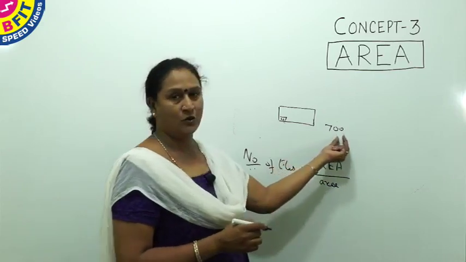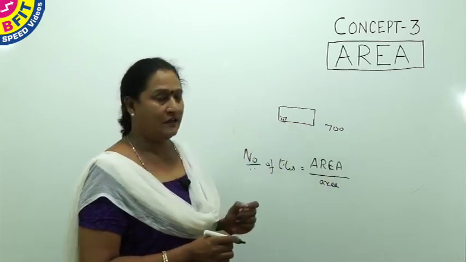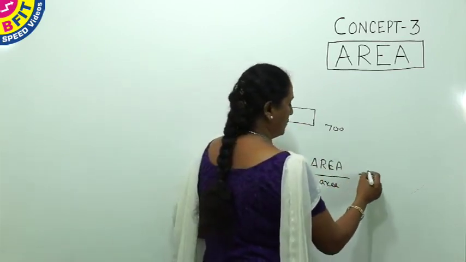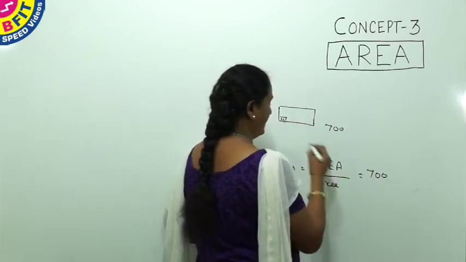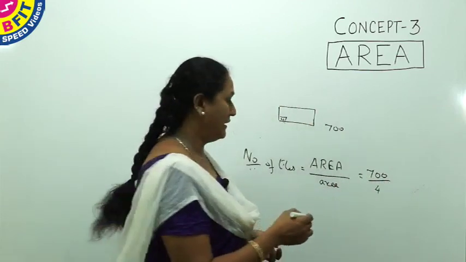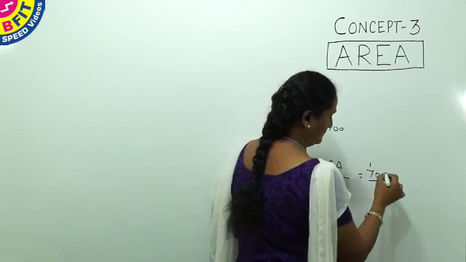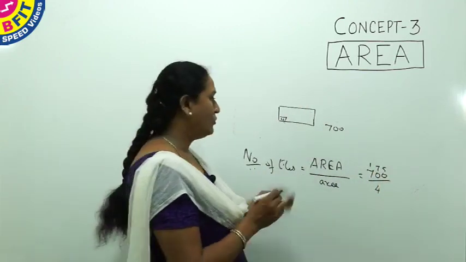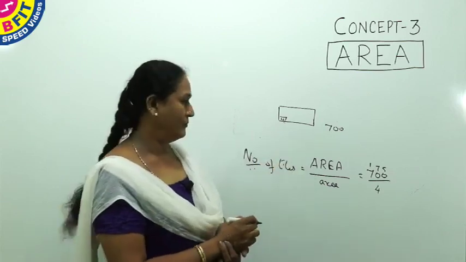Divide the total area by the area of a single tile, we get the number of tiles. Here the area of the rectangular floor is 700. Divide by 4. So 175 tiles are needed to floor this rectangular room.